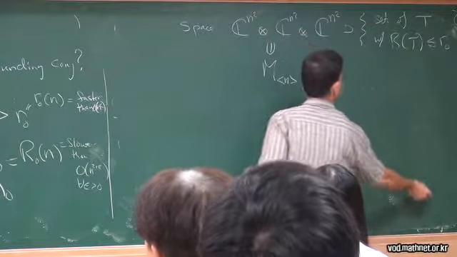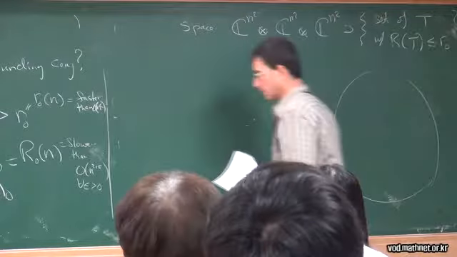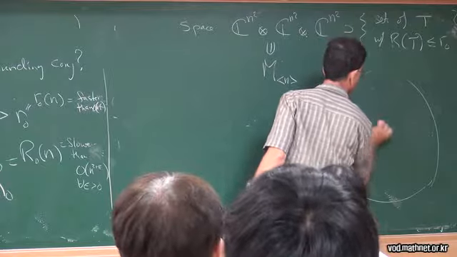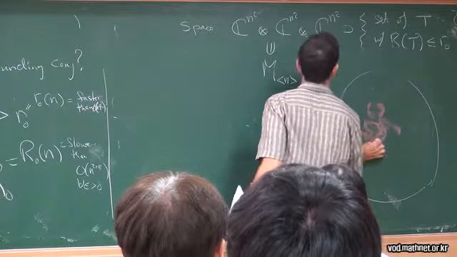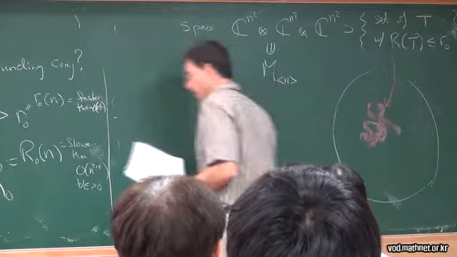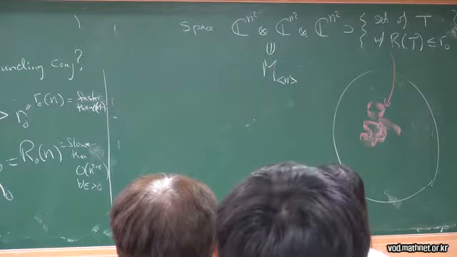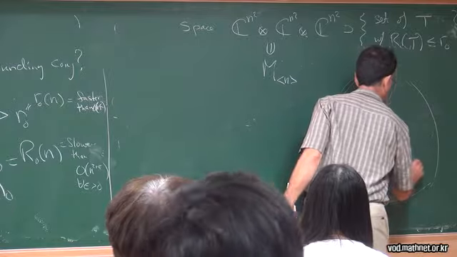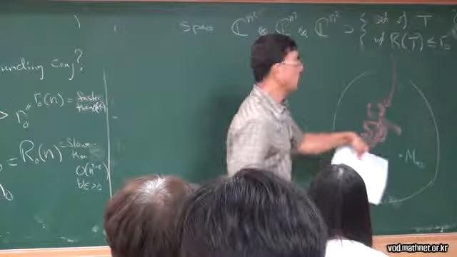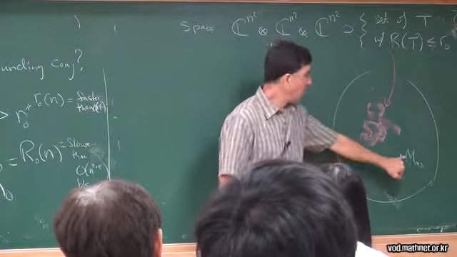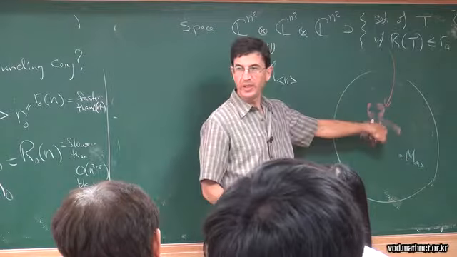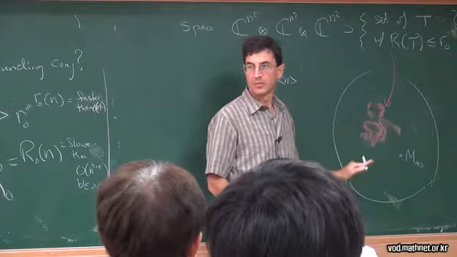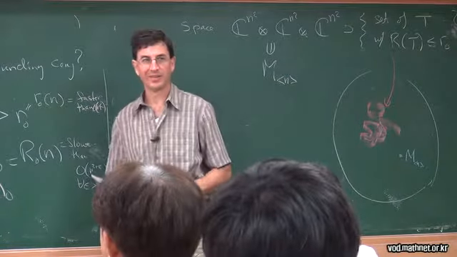So here's our picture. We have the whole space, we have this set, and we have our point, Mn. I want the picture to look like this. I want this point to not be inside this set, because I'm a pessimist.